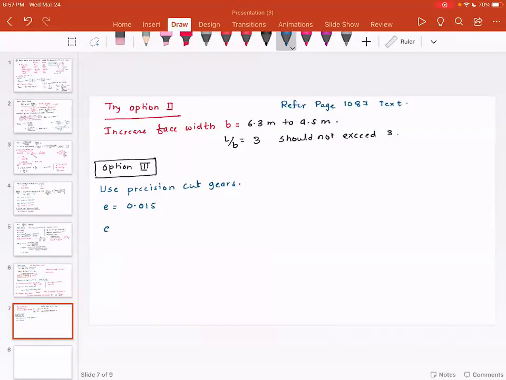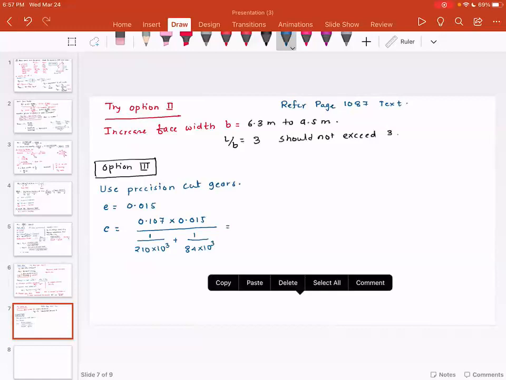So the deformation or the dynamic factor is 0.107 multiplied by 0.015 divided by 1 divided by 210 times 10 to the power 3 plus 1 divided by 84 times 10 to the power 3.